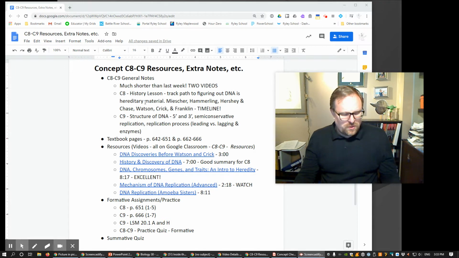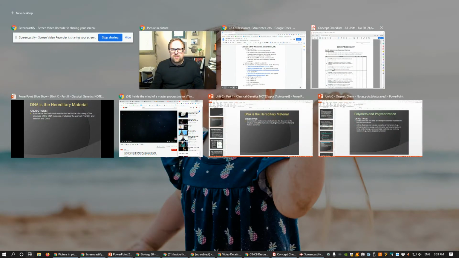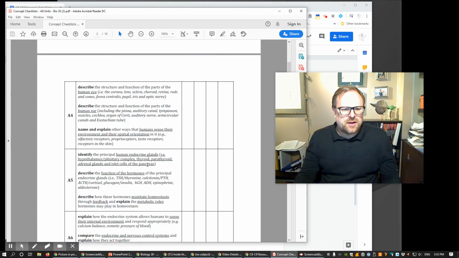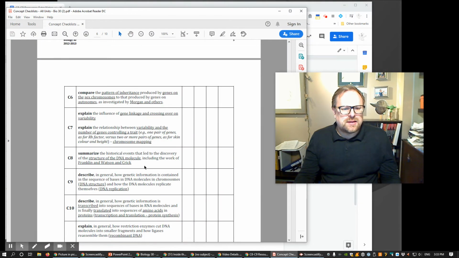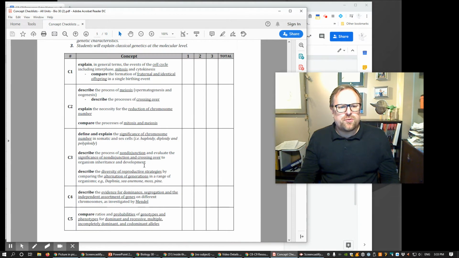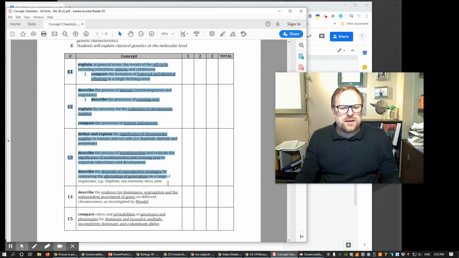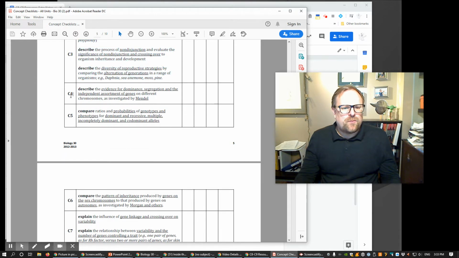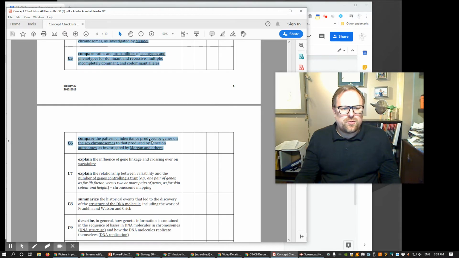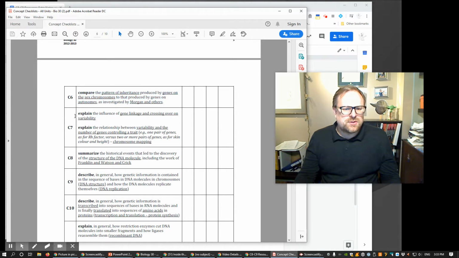Just really quickly, I'm going to tab over to here and let you know what concept C8 is all about. Remember, we've gone through all of these concepts already. The first three here were related to mitosis and meiosis and how they work. We've then moved through different patterns of inheritance through C4 through C6. Then we talked about gene linkage and crossing over in the last lesson as well.